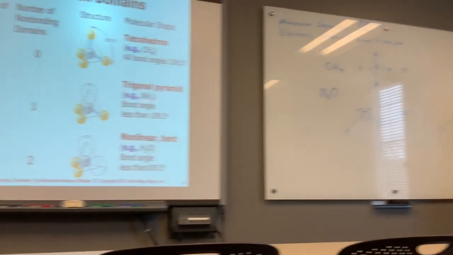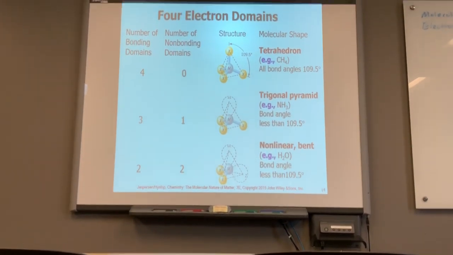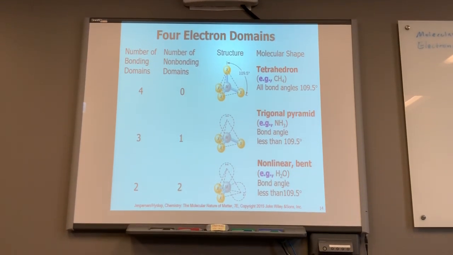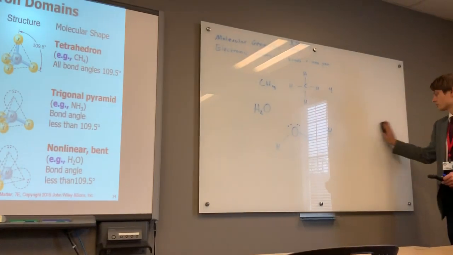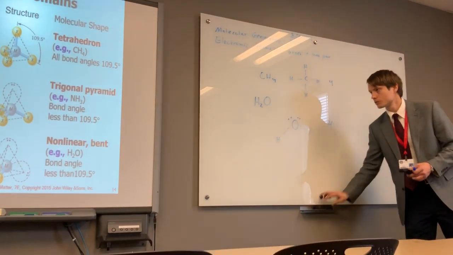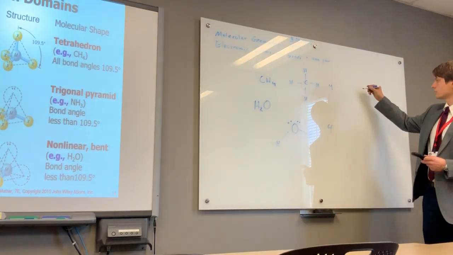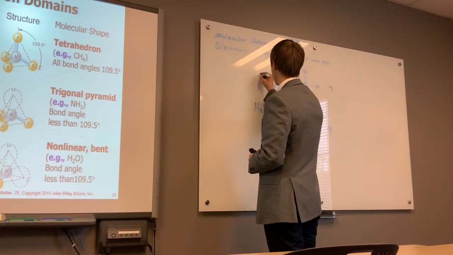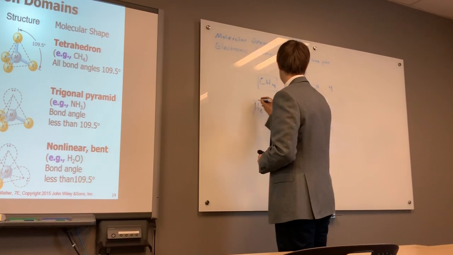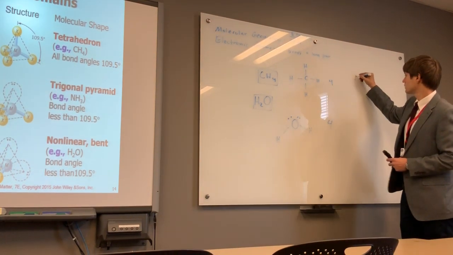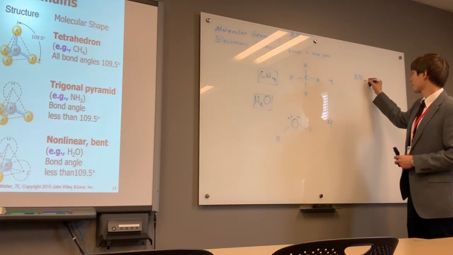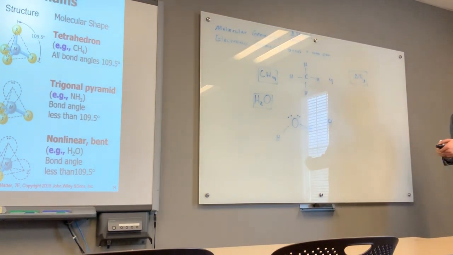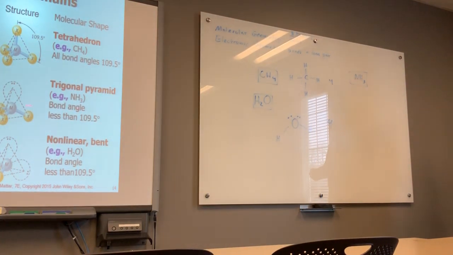So here's one. So if we had carbon, and then we had, so we can compare things with 4 electron domains with different bonding and non-bonding. So let's just put maybe boxes. So we can look at one with 4 electron domains, but only 1 lone pair instead of 2.